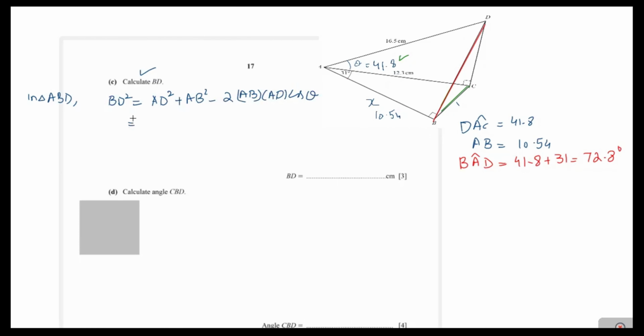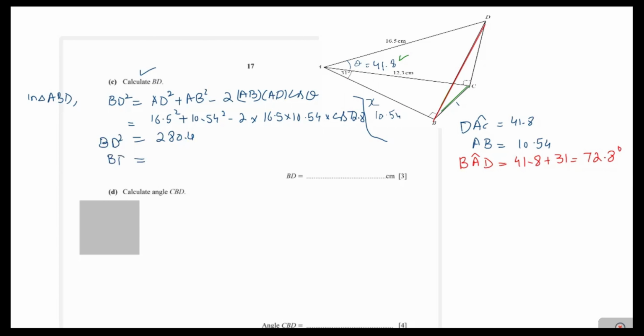Now we substitute the values. AD squared is 16.5 squared and AB squared is 10.54 squared, minus 2 times 16.5 multiplied by 10.54 multiplied by cos 72.8 degrees. After that, the value will be equal to 280.4. That BD squared will be equal to 280.4.